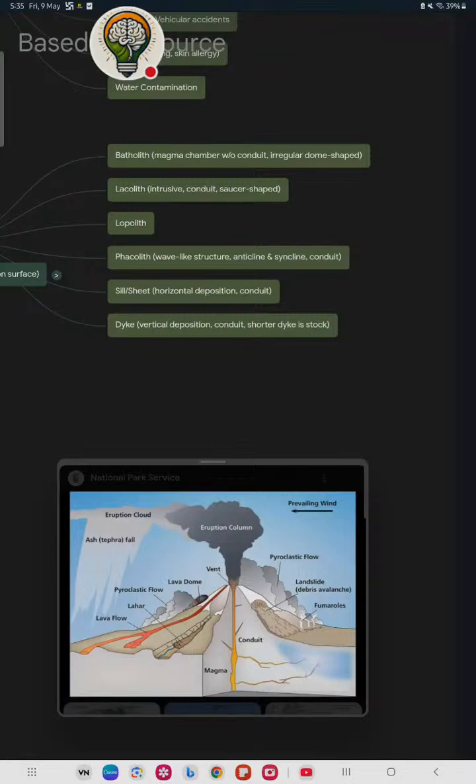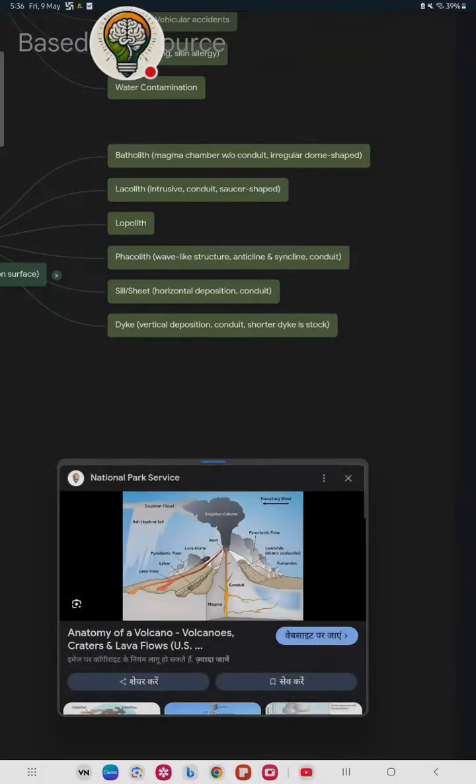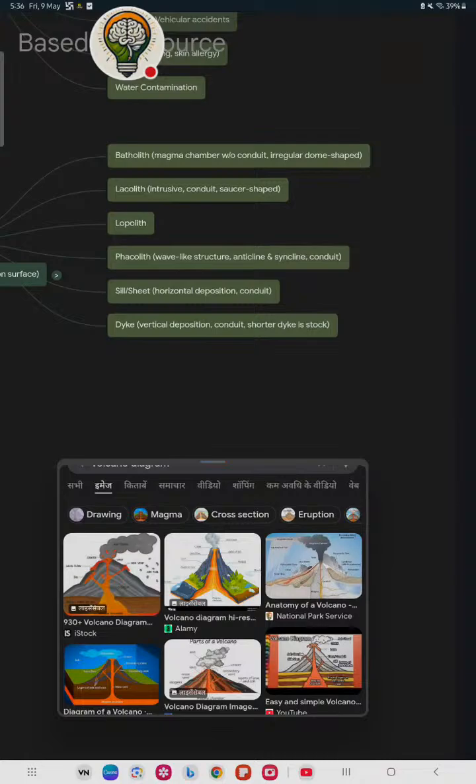Laccolith means intrusive, saucer shaped, and lopolith is concave toward the below, and phacolith is a wave-like structure, with anticline and syncline, and the conduit and sill, and these are the batholith.